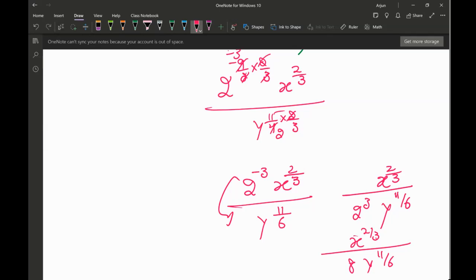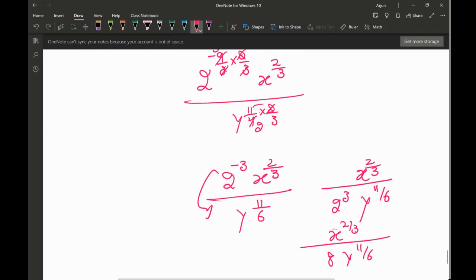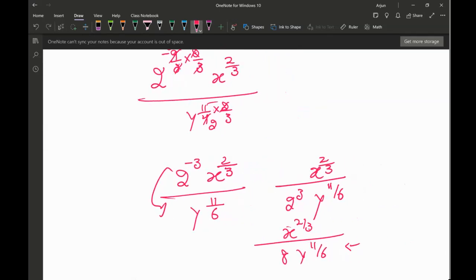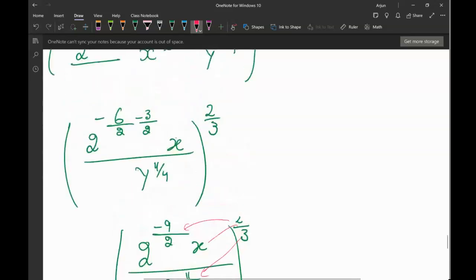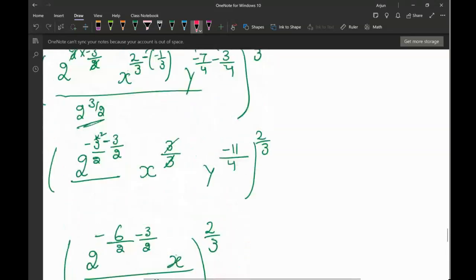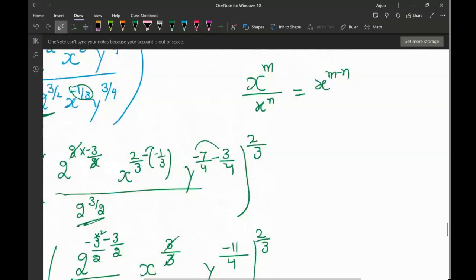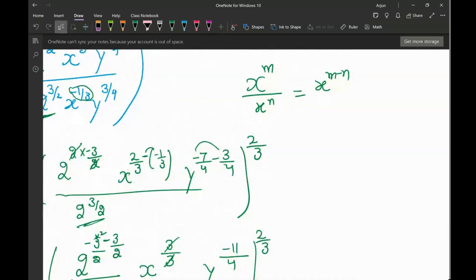I think I might have made some mistake in the y term, because they are writing it as 5 over 3. I'm not sure where I made a mistake on the y term. I will quickly check my y term here. y was 7 over 4.